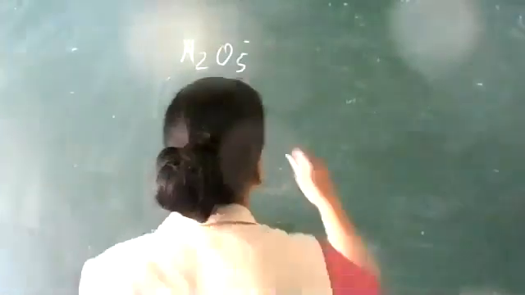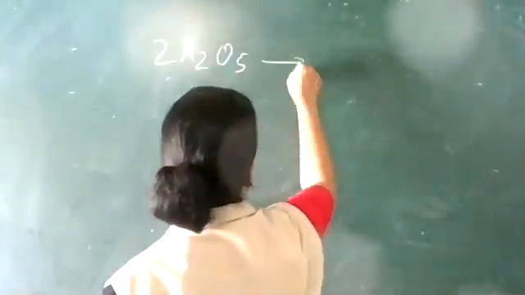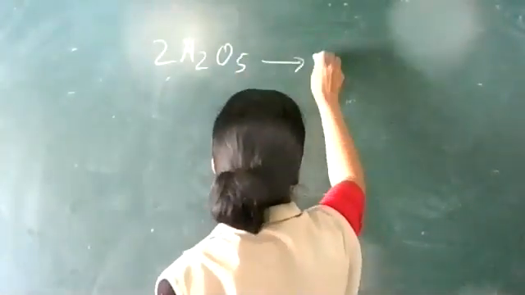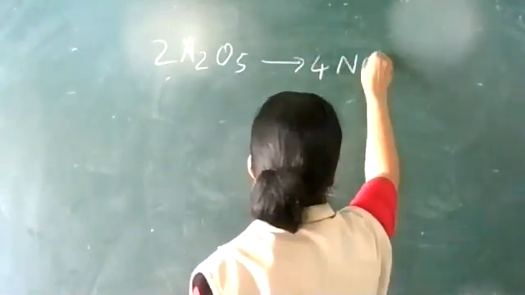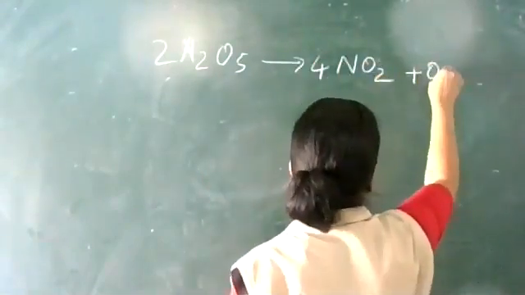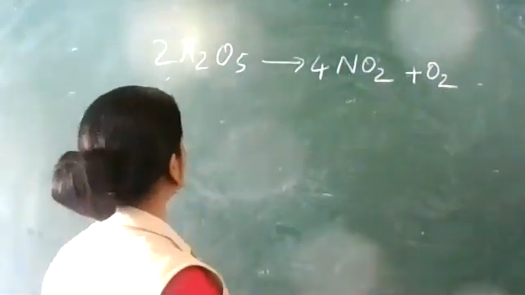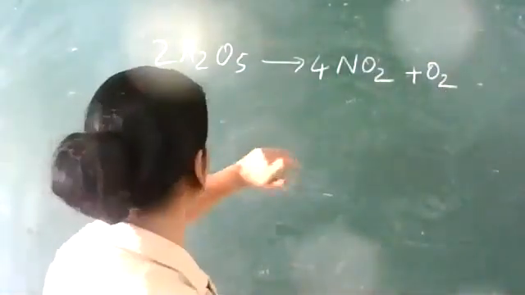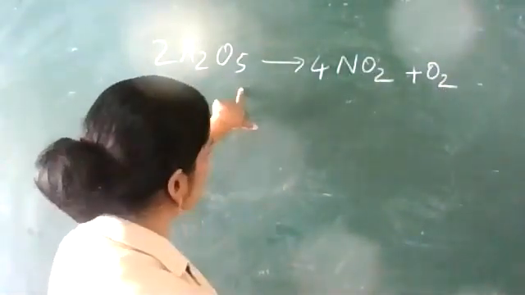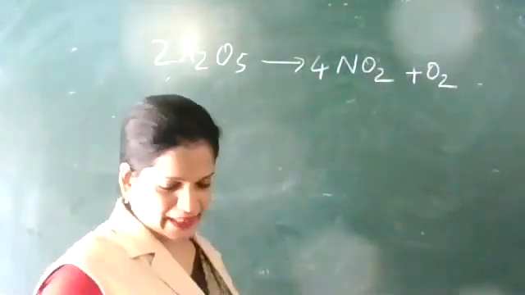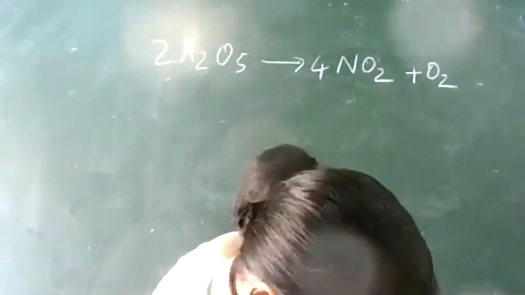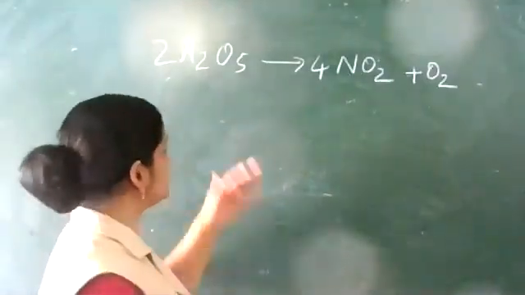Now in this equation, 2N2O5 gives 4NO2 and O2. 4N on both sides, and 10 O: 8 plus 2 is 10. Balanced equation. What is the rate of reaction in terms of this?